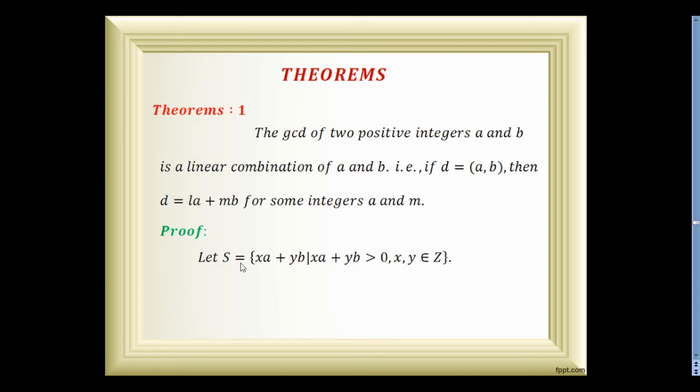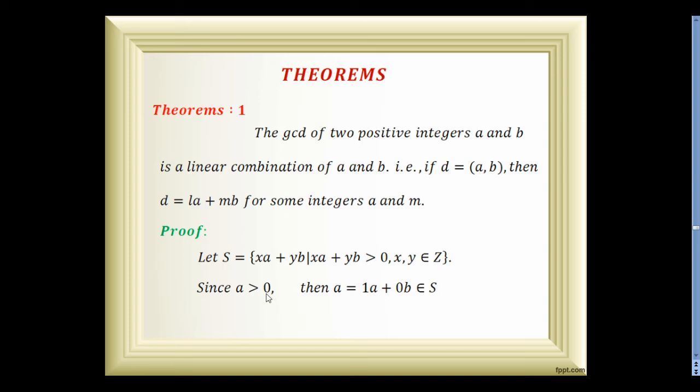Let us define S equal to the set of x a plus y b such that x a plus y b is greater than 0, where x, y belong to Z. Here a and b are positive integers written in linear form, and these values will be greater than 0.